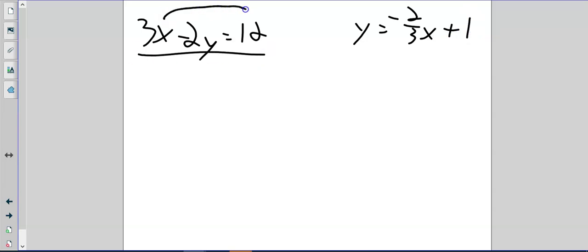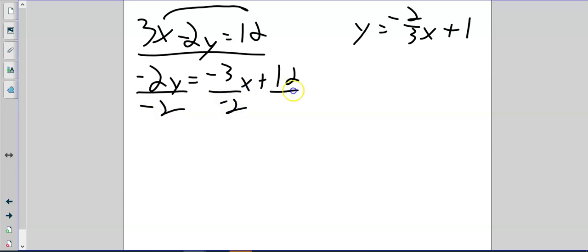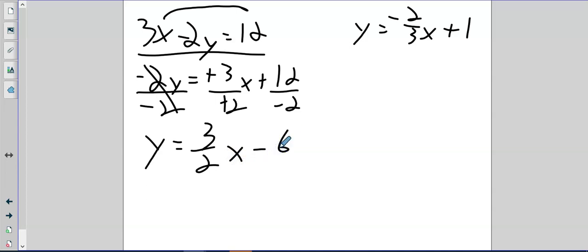We need to move this over by subtraction. -2y equals -3x plus 12. Then I need to divide by -2 on everything because I need the y by itself. So that gives me y equals, negative divided by negative is positive, 3/2 x minus 6.